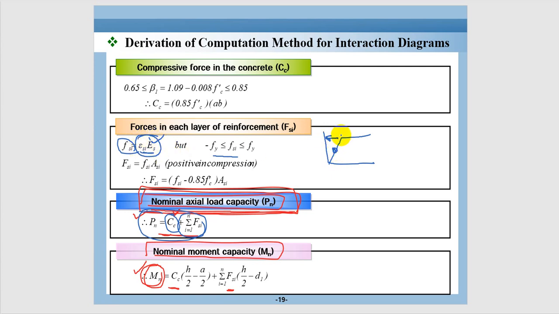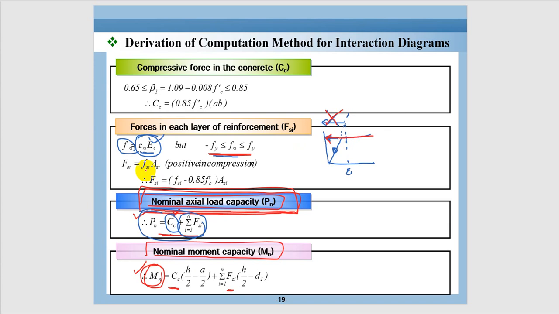But if your strain goes beyond there, you don't take this value. Do you understand? You have to take this value, because this is yielding. There's no increase of stress after yielding. So this is what happens, right?